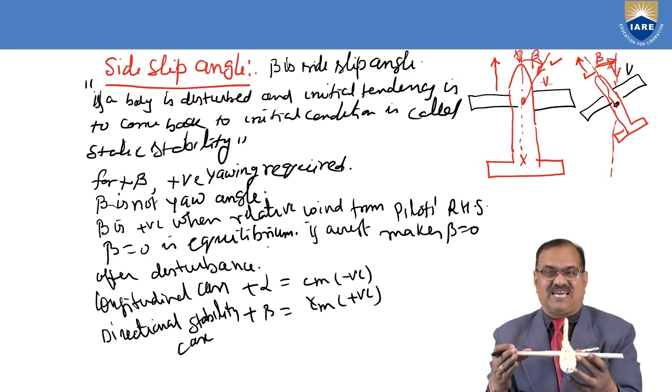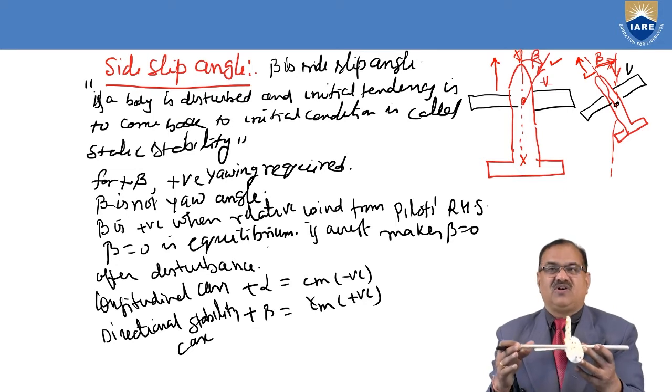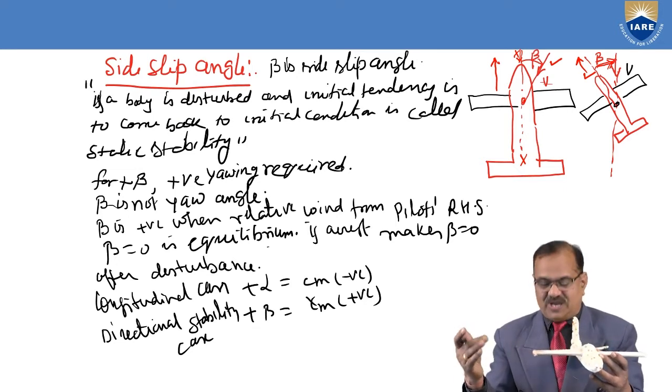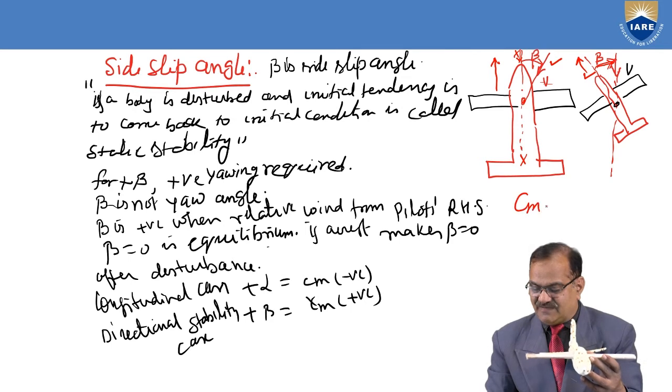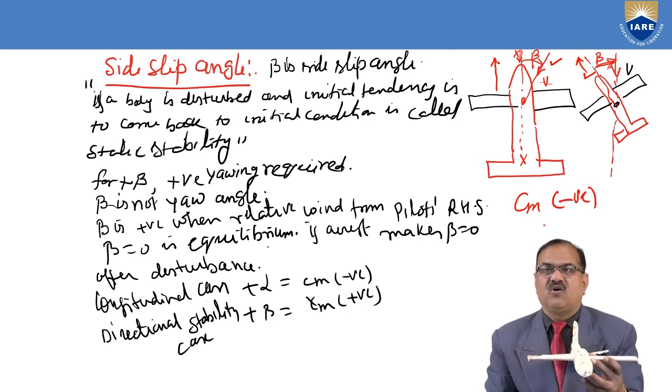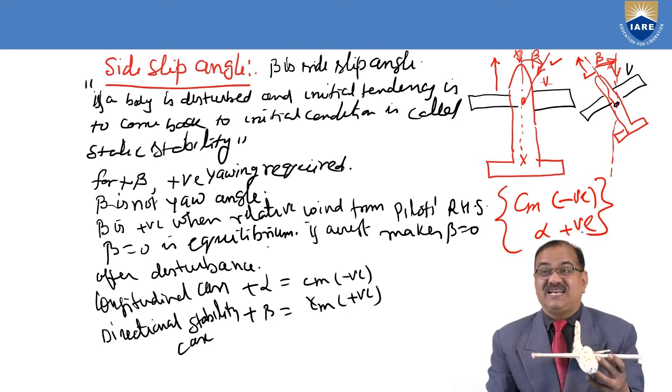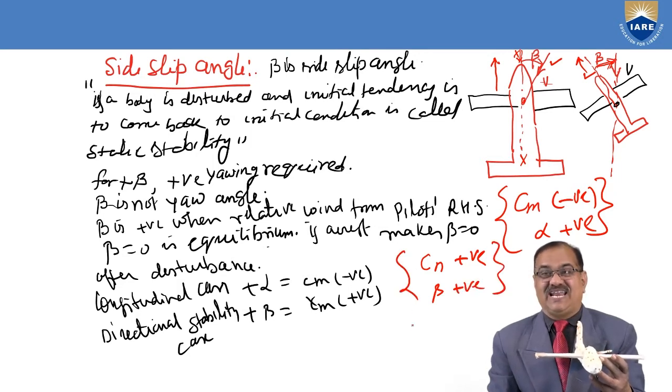For the longitudinal case, we have seen that for alpha positive, Cm should be negative. But here it is not so. Cn should also be positive when beta is positive. So this is for the directional case.